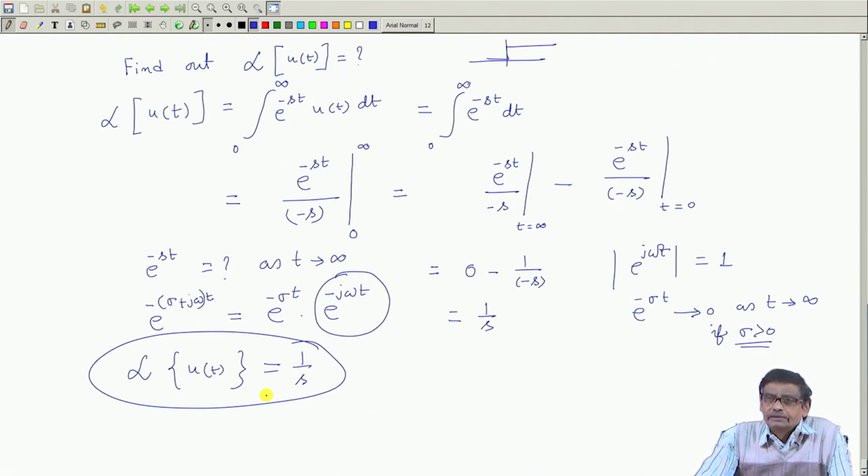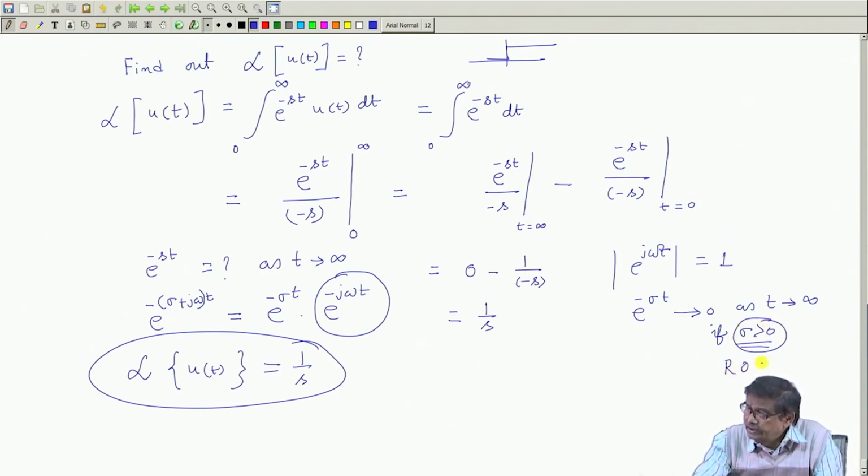We will see in the analysis, if you want to apply the Laplace transform, this sigma condition will be in the background. You need not worry about that, and that is called the region of convergence, ROC.